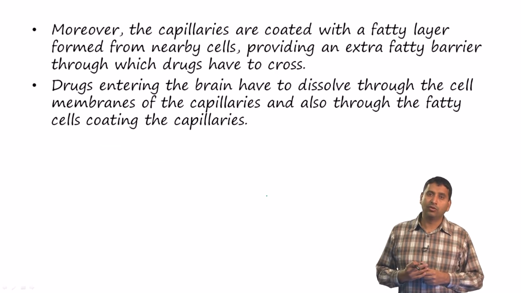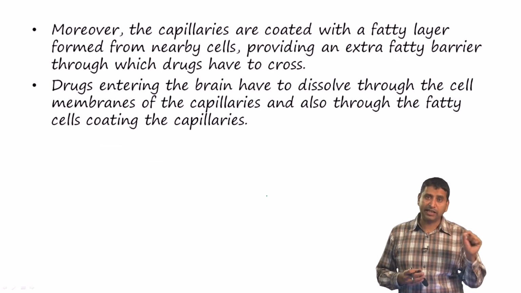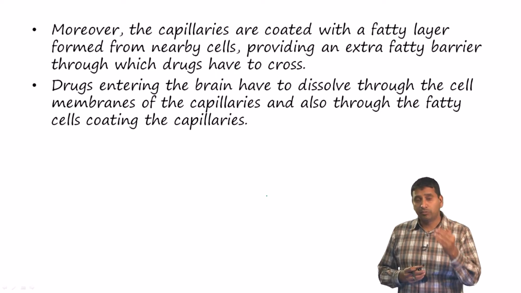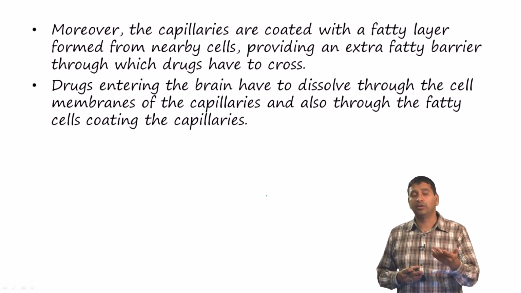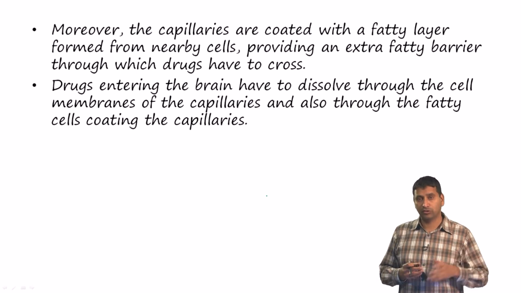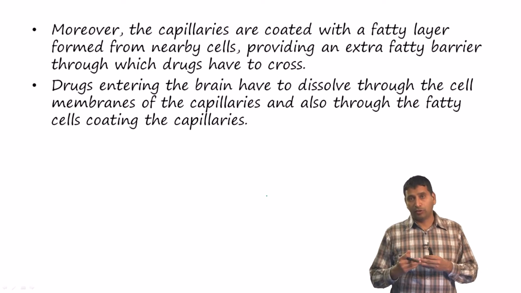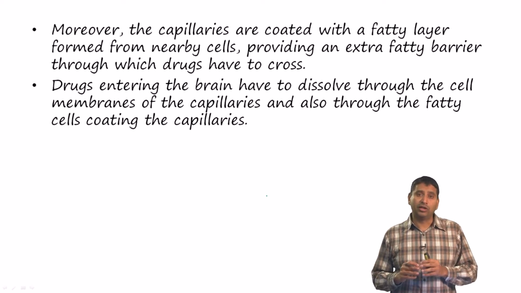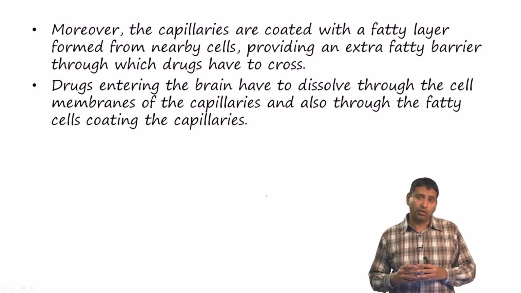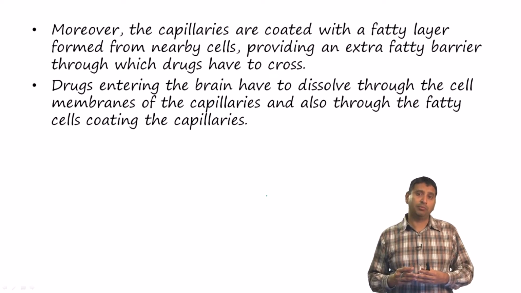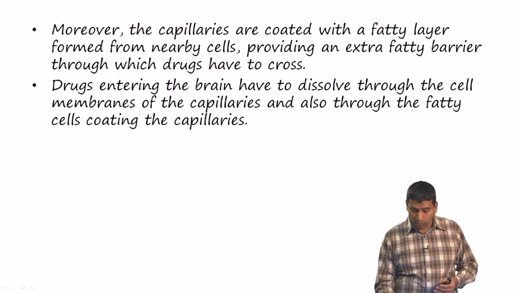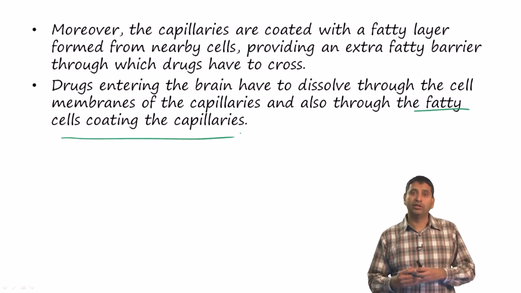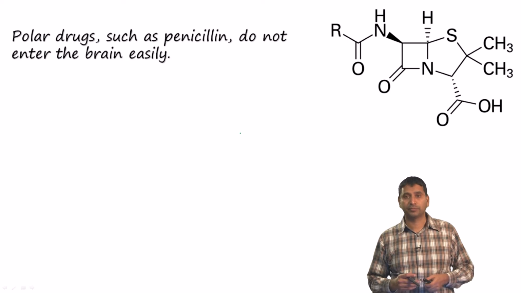The capillaries are also coated with a fatty layer, formed from nearby cells, and this provides an extra fatty barrier. So, not only do drugs have to cross the membrane, they also have to cross this extra fatty layer. Drugs entering the brain have to dissolve through the cell membrane of the capillary and also through the fatty cells coating these capillaries.